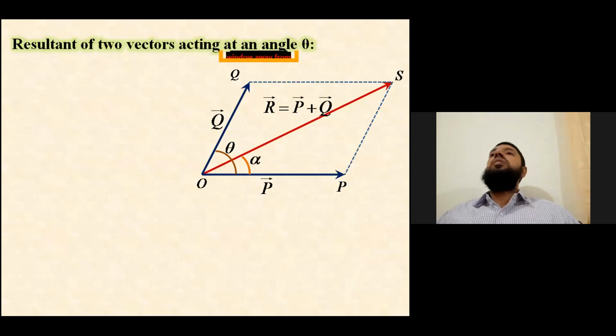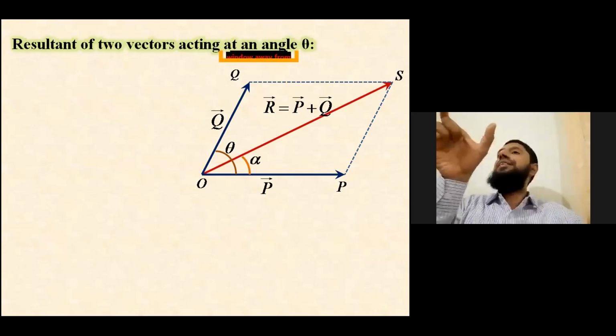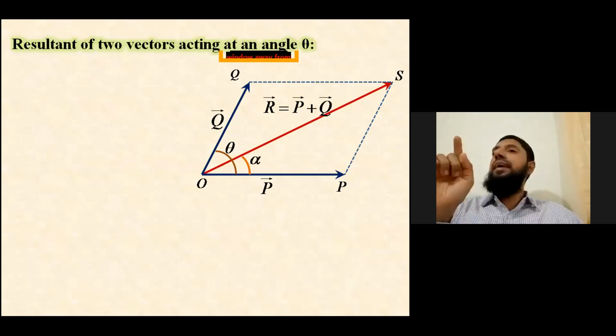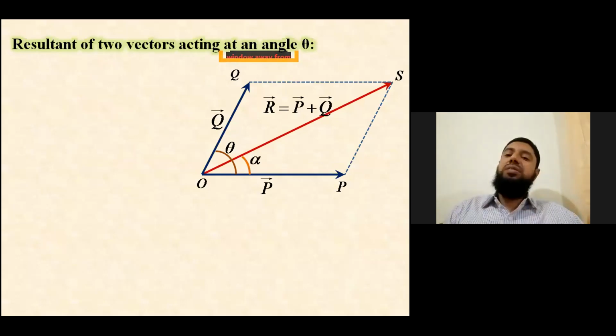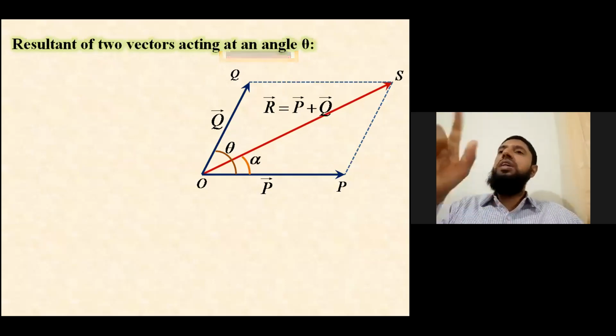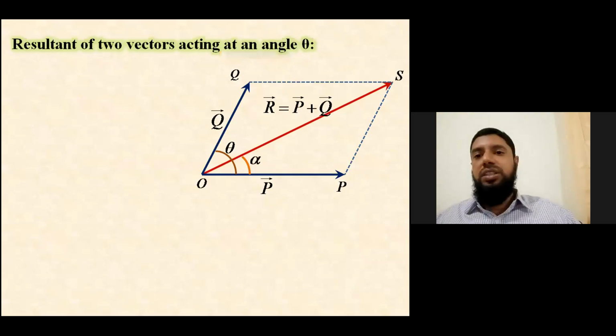The length of the diagonal, vector OS, is the magnitude of the resultant. Remember very well that the angle is made with the first vector. The angle made from the first vector is the direction of the resultant.